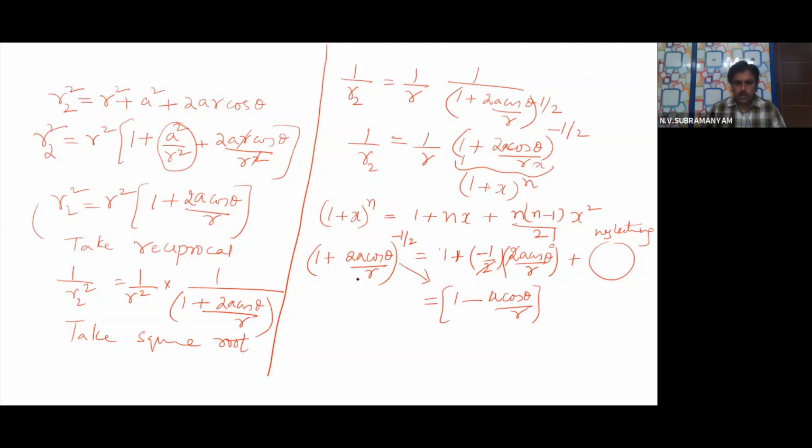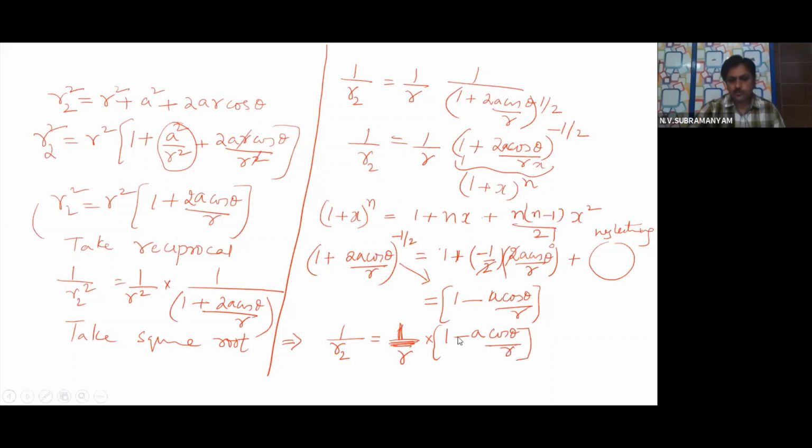So this value, if I substitute back here, then I will get 1 by r2 is equal to 1 by r into 1 minus a cos theta by r. Oh, very good.